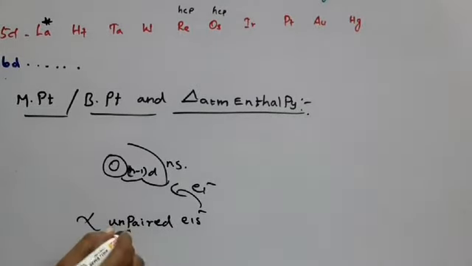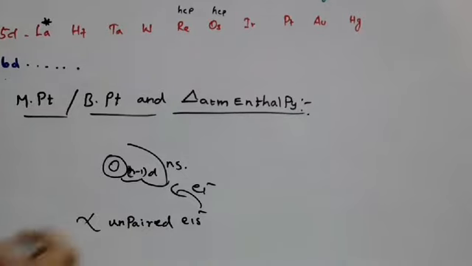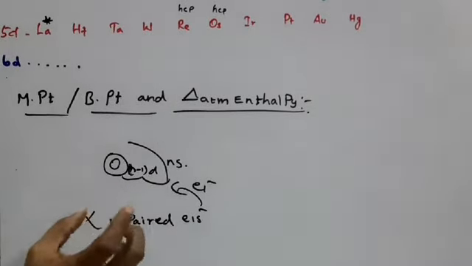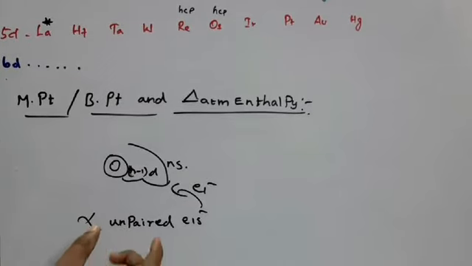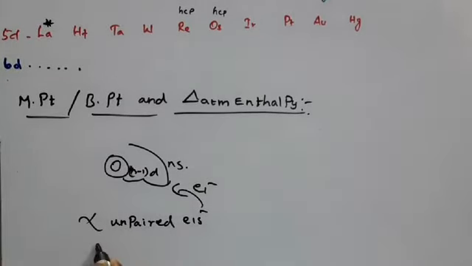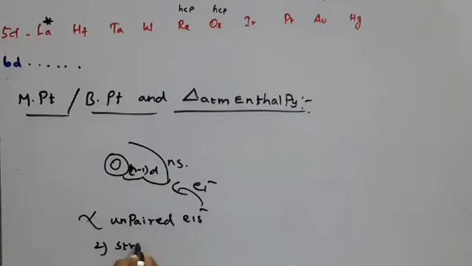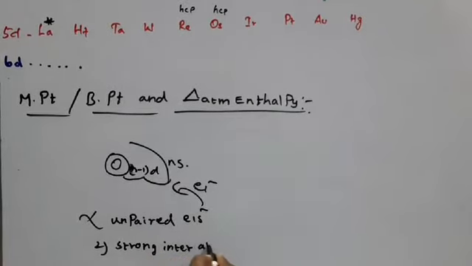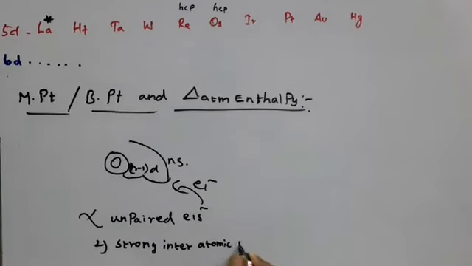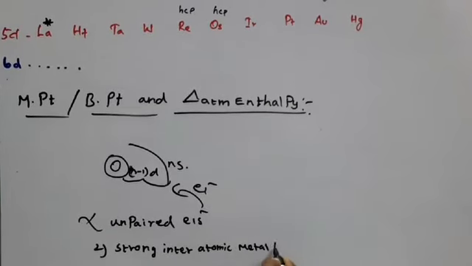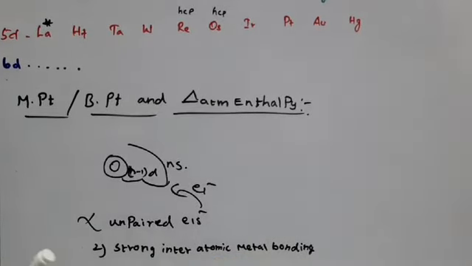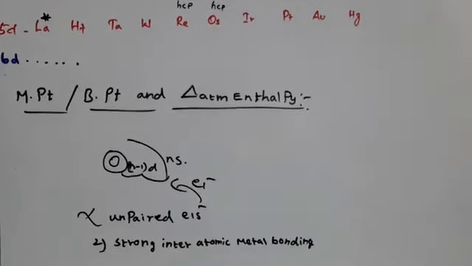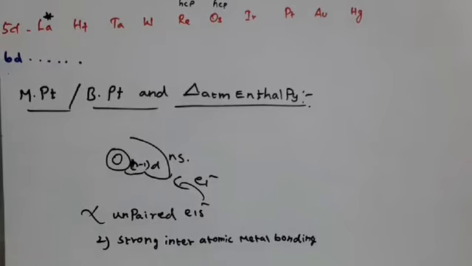Because of this small energy gap, the unpaired electrons present lead to strong interatomic metal bonding. In the second point, strong interatomic metal bonding takes place, so it has a high atomization of enthalpy.